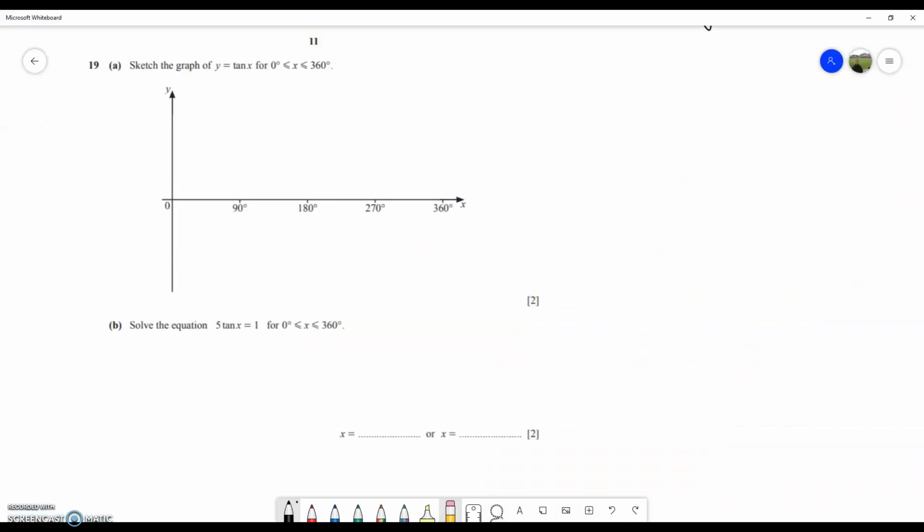So going back to our diagram, we need to make sure those things are really clear. So first thing is we can put in our asymptote with a dotted line at 90. We can put in another one at 270. And then we put in our function.